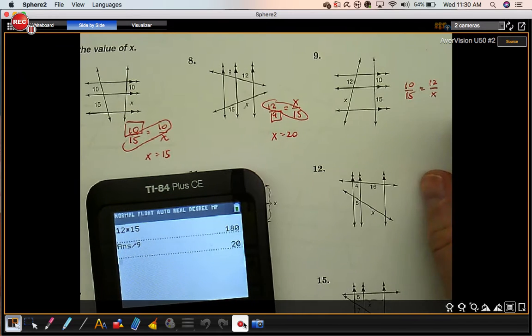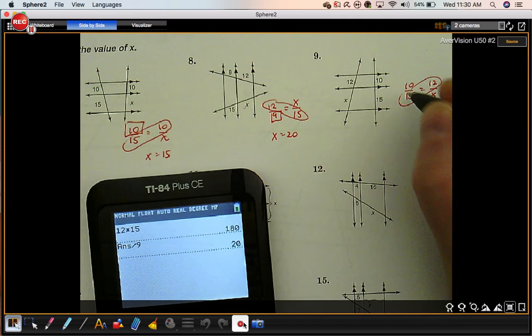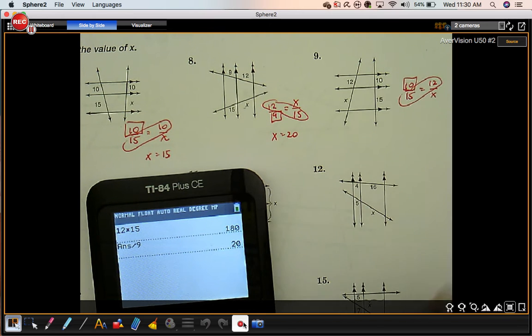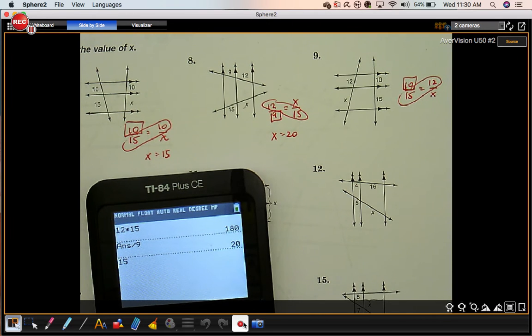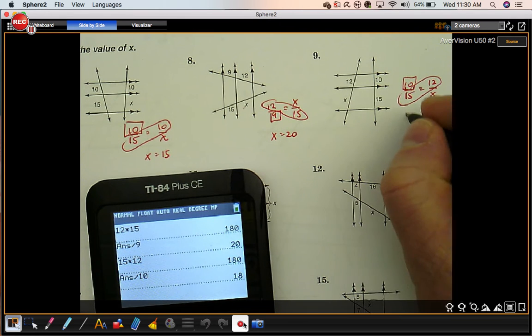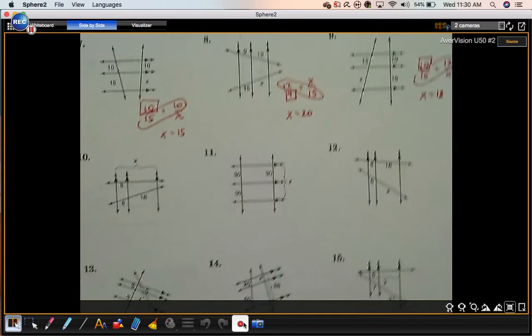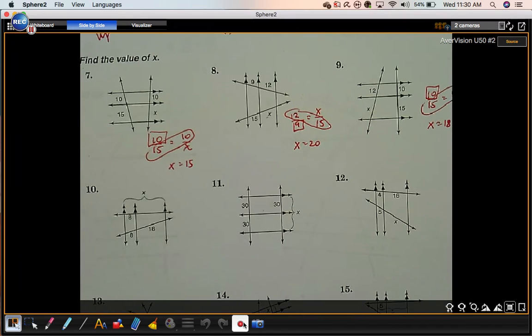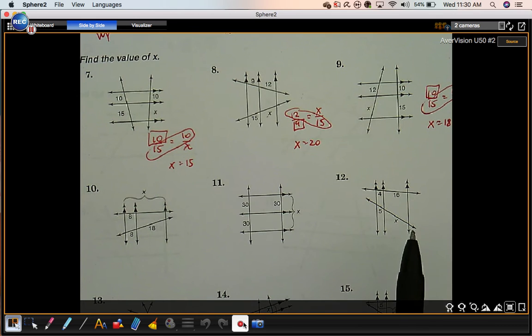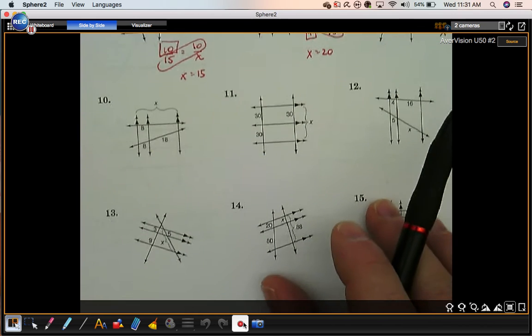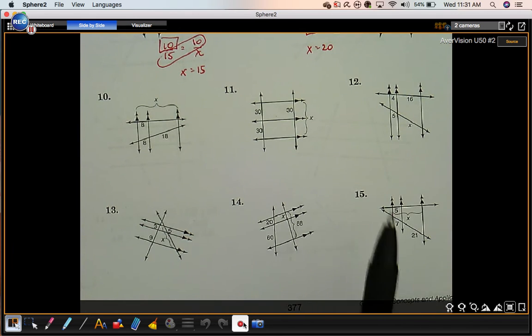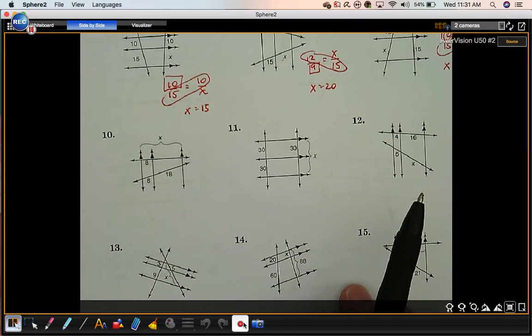And we'll cross multiply. So we're going to take 15 times 12 and then divide by 10. That's how you do those really easy ones. 12 is a really easy one. Oh, and I guess that's all of the ones that are really, really easy.